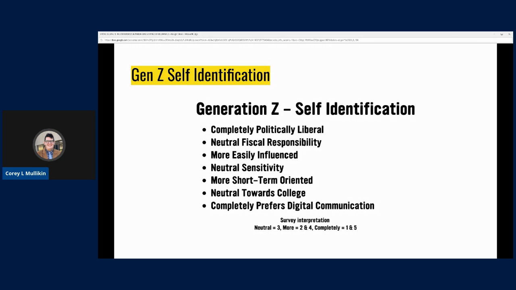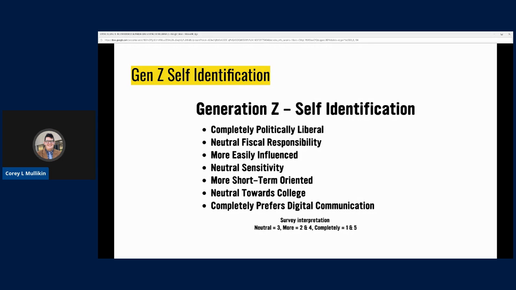The next thing we looked at was fiscal responsibility. How well do they actually manage money? And surprisingly, they were honest. They said, I'm not really loose with my money, but I'm also not really tight. They just said neutral. The next thing I really wanted to look at was how easily they are influenced.